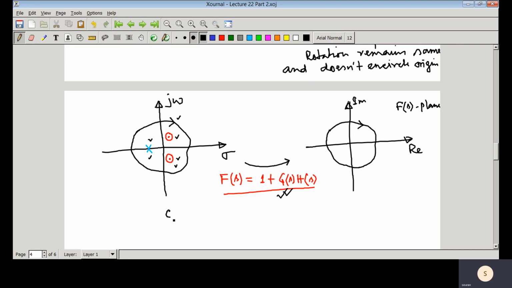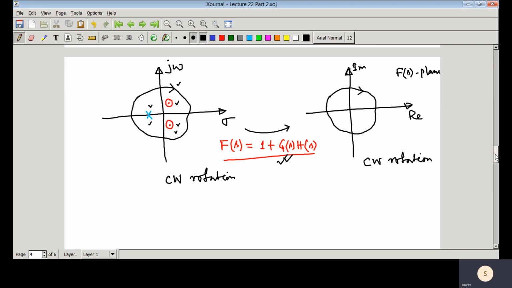So here, if we say that this is counterclockwise rotation, sorry, this is clockwise rotation, then that would also be clockwise rotation. So clockwise rotation to clockwise rotation. So if your function is 1 plus G(s)H(s), then what we have seen, how many rotations are there?